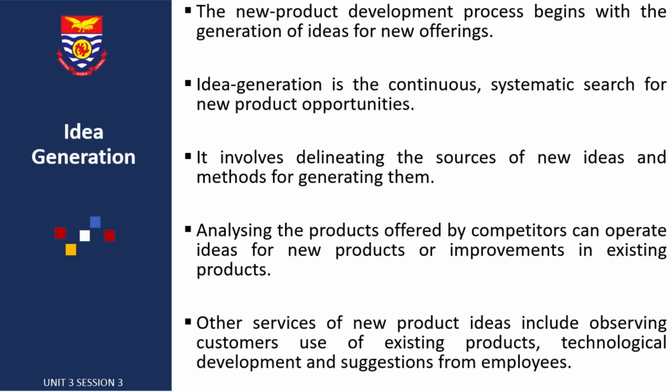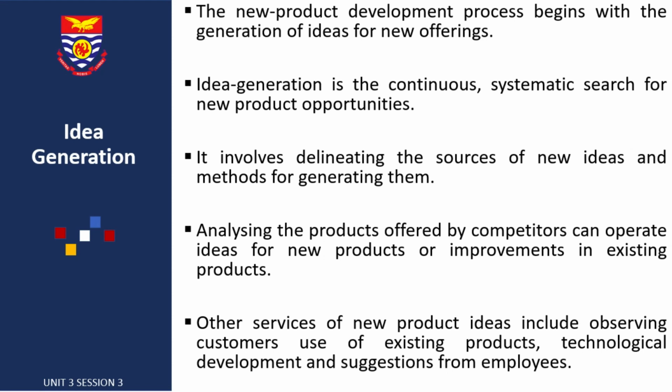It involves delineating the sources of new ideas and methods for generating them, and the sources of new ideas are what I have mentioned. Analyzing the products offered by competitors can generate ideas for new products or improvements in existing products. So when a competitor's product tends to lack something, or when there is a weakness in their product, the firm would have to base on that in order to come up with a new product.